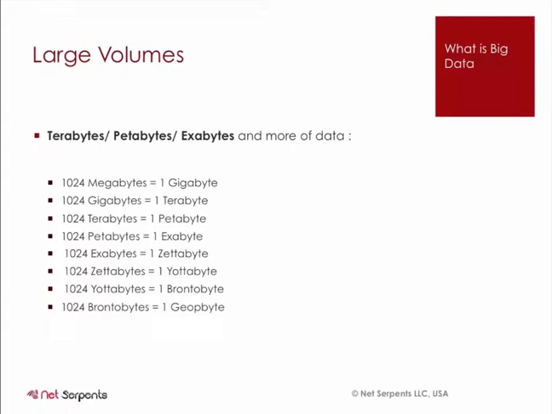This shows the different units we use for big data: 1 terabyte versus a petabyte, an exabyte, a zettabyte, a yottabyte, a brontobyte, and a geopbyte. I don't know if the spelling is right on the last one. These are huge quantities of data. You multiply by a factor of 1024 every time, and you keep going higher.